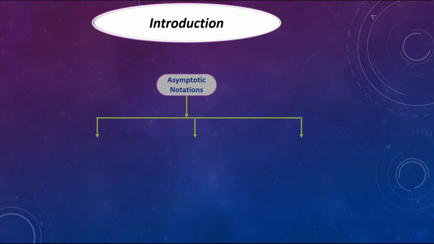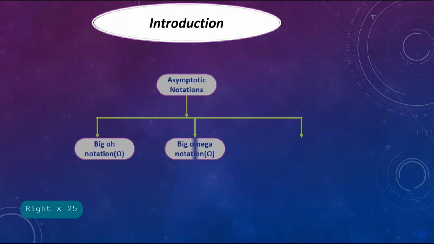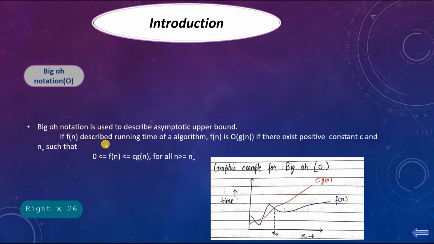There are primarily three types of widely used asymptotic notations: big O notation, big omega notation, and big theta notation. So let us start with big O notation.